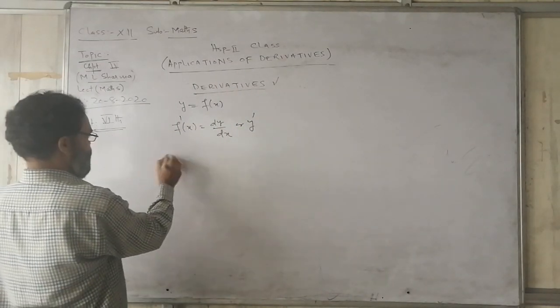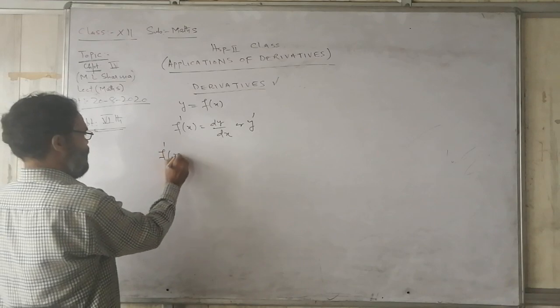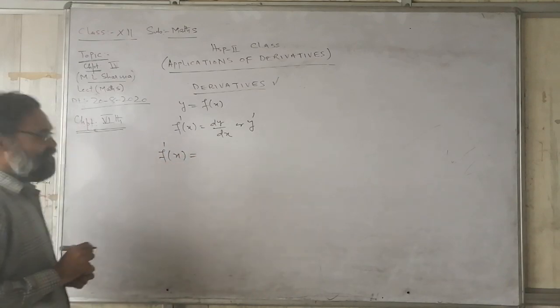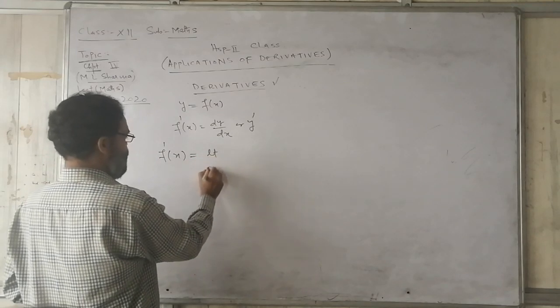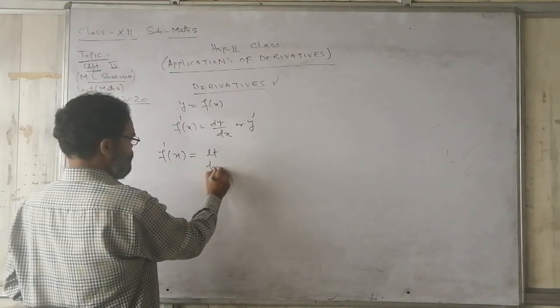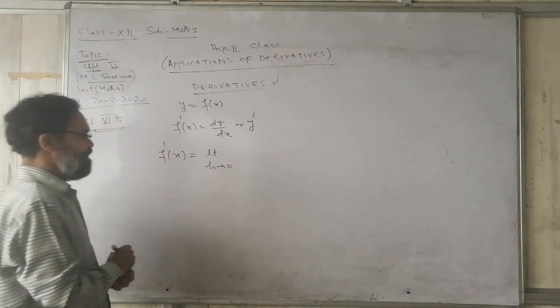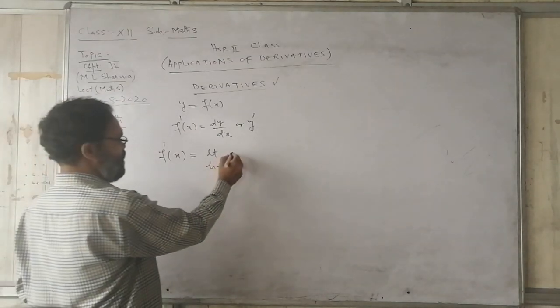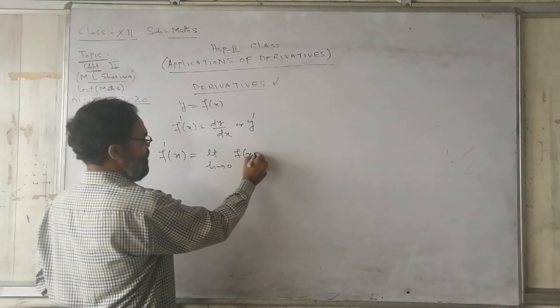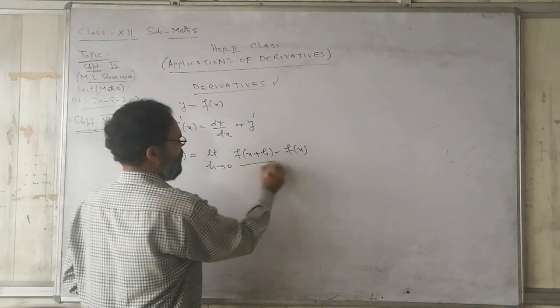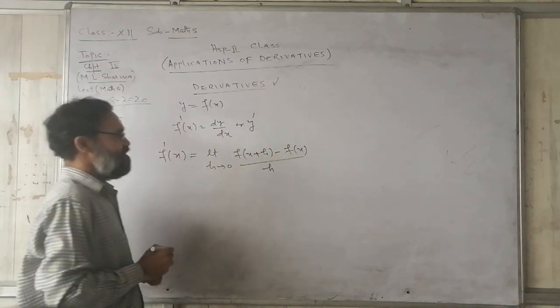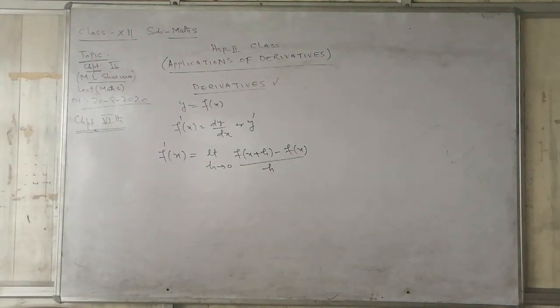As per definition of derivative, if we have a real value function f, then its derivative is given by the formula limit of h approaches to 0, f of x plus h minus f of x upon h. So this was the definition of a derivative.